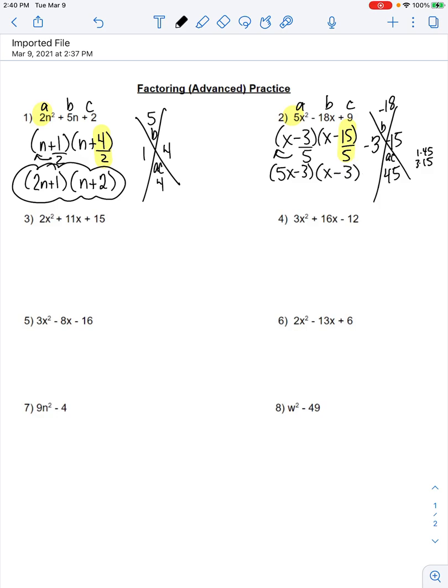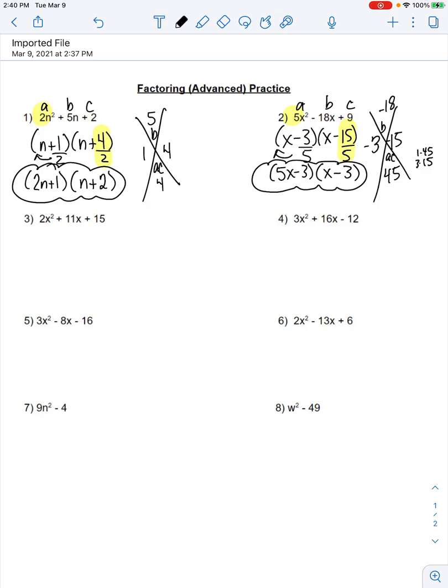That becomes x minus 3. So these are your two factors. And notice I'm not checking these with FOIL, but you are welcome to do that, especially if you're taking a test. Because remember, not factorable is also an option in any situation.